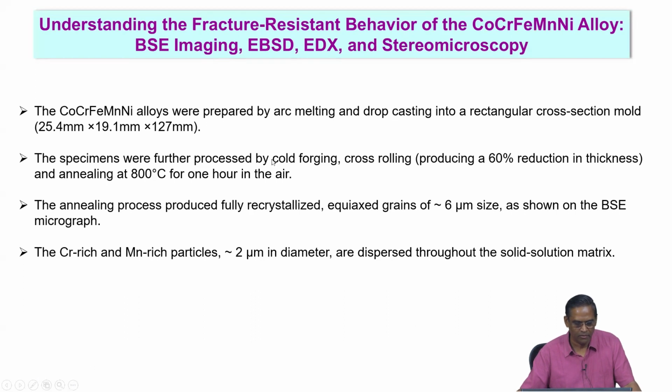The specimens were further processed by cold forging and cross rolling, producing a 60% reduction in thickness, and annealing at 800 degrees for 1 hour in air. The annealing process produced fully recrystallized equiaxed grains of 6 microns, which is shown in the BSE image in the next slide. You will also identify some chromium-rich, manganese-rich particles 2 microns in diameter dispersed throughout the solid solution matrix. So this is the background of this alloy.